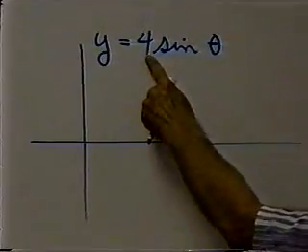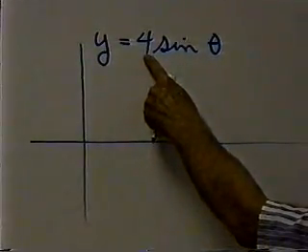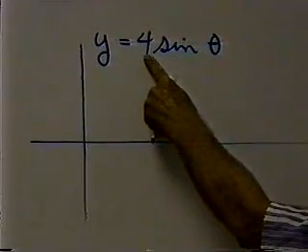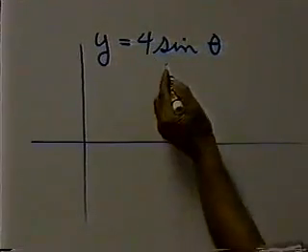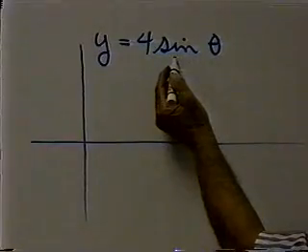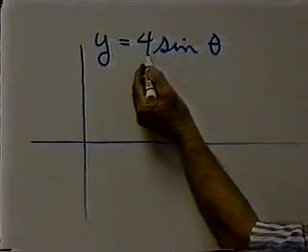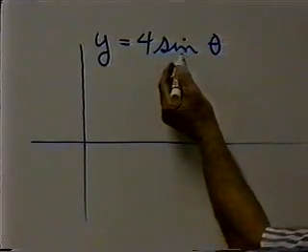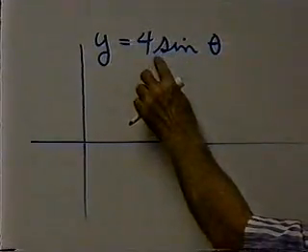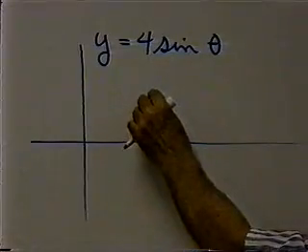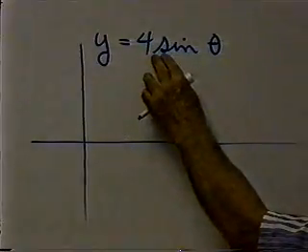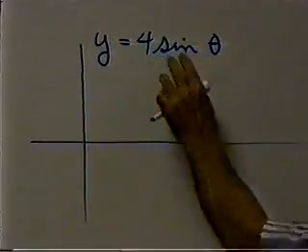The number in front is called the amplitude. What's the rule about the sine of theta? It never gets larger than 1 or less than minus 1. Well, this 4 would be multiplying the largest value. So if I put a number 4 in front of this, then that makes the curve go up to 4 as its maximum, and minus 4 is its minimum.